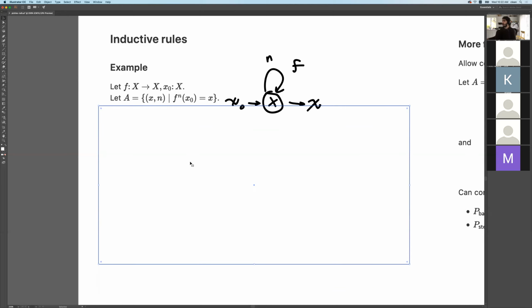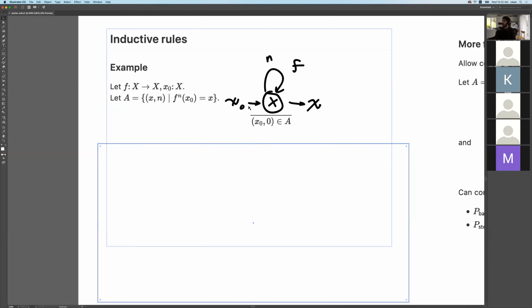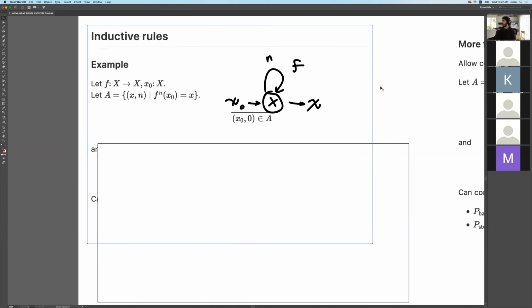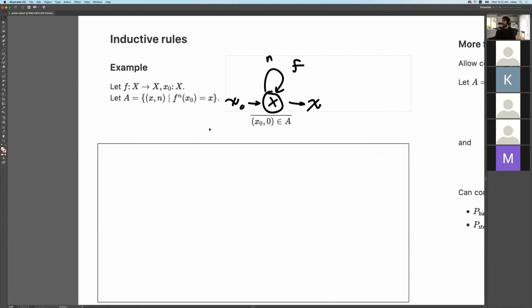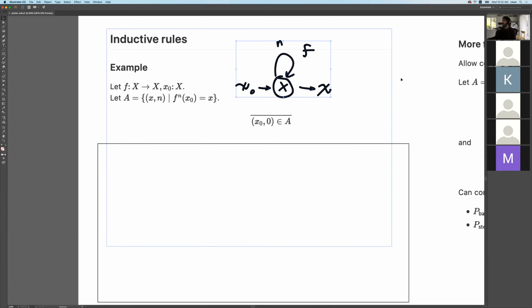To help us out as a formalism, let's define the set A of pairs x and n which satisfy x equals f applied n times to x0.